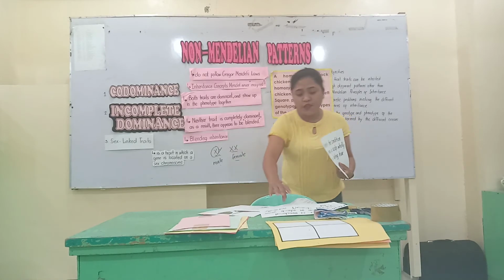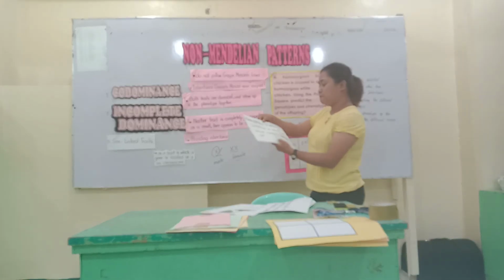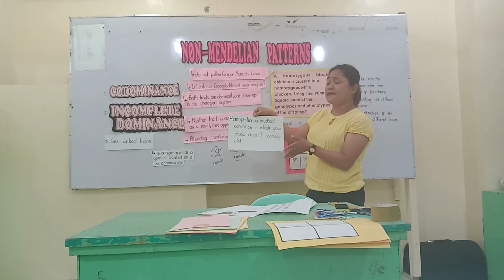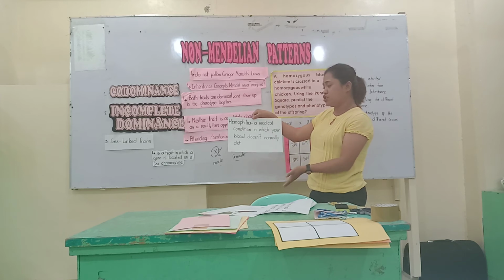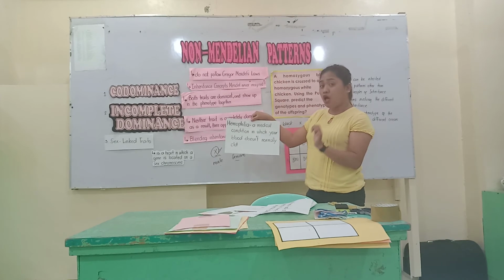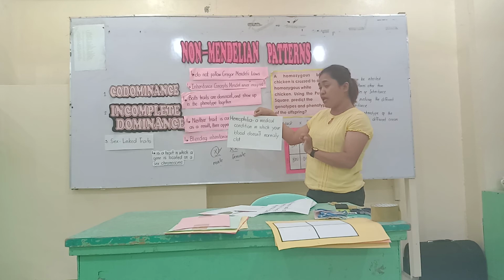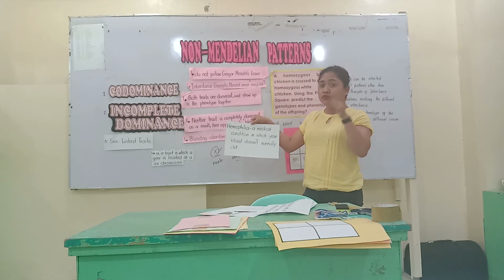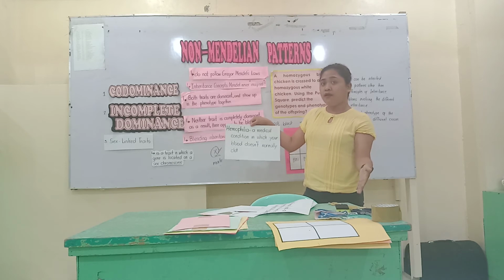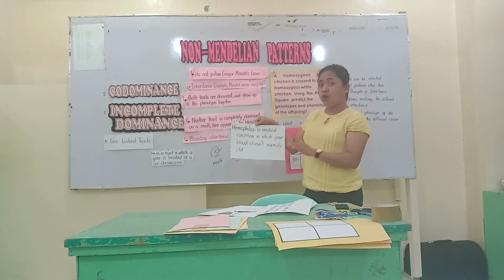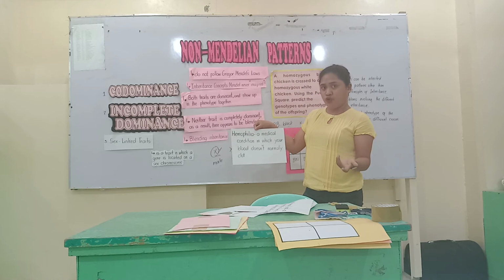Another is hemophilia. Hemophilia is a medical condition in which your blood does not normally clot. So, og manutbrush ka, magdagan-dagan ka, nga nadagma ka, kung naa kay hemophilia, dili mo undang og dugo ang imuhang samad.